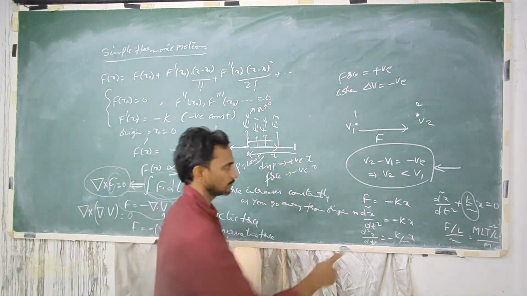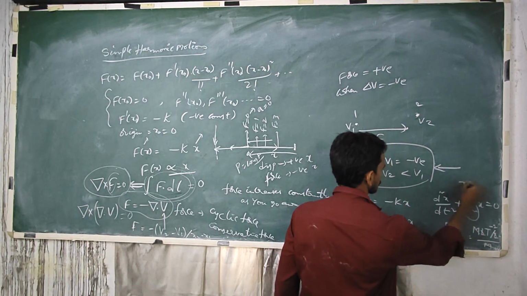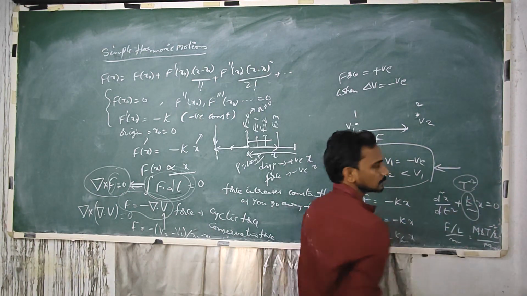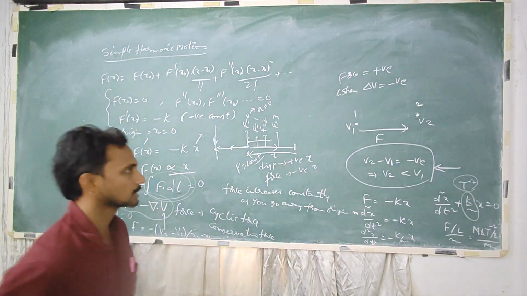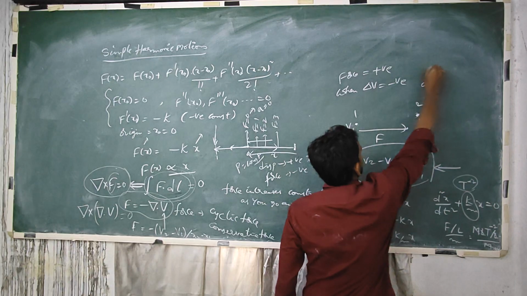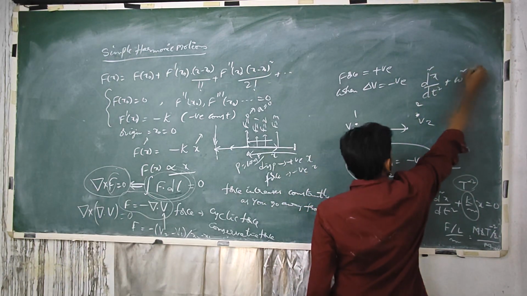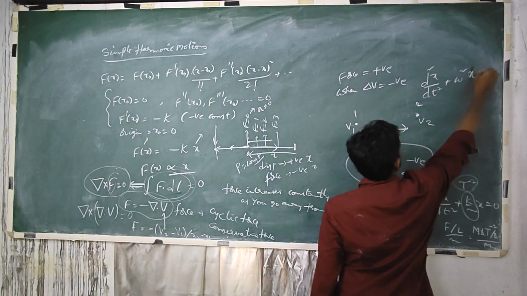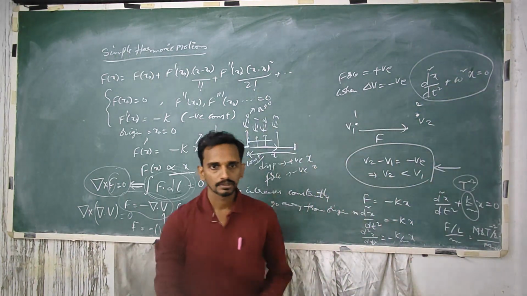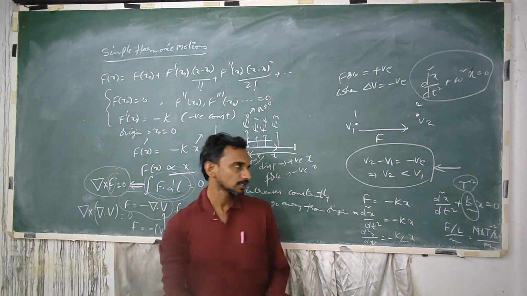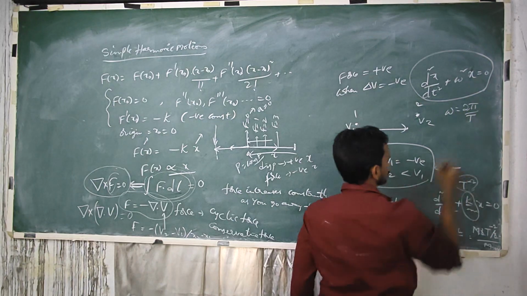Mass into acceleration, m L t power minus 2. So you'll be left with t power minus 2, the inverse square of time. So you can write it as d square x by dt square plus omega square x is equal to 0, where omega is 2 pi by T.